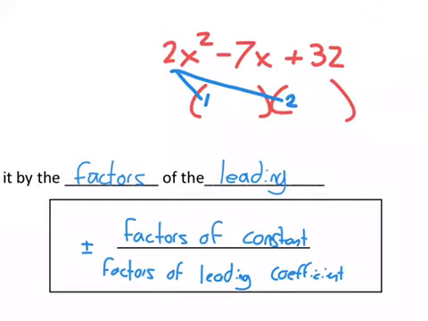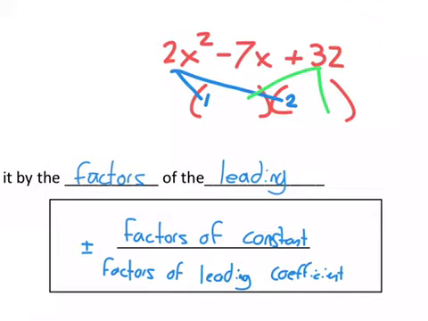They couldn't be a 3 or a 5 because none of those would multiply together to get me a 2. Now numbers that go here in the end slots would be factors of 32. So it could be 1 and 32, 2 and 16, 4 and 8. Lots of different options there.